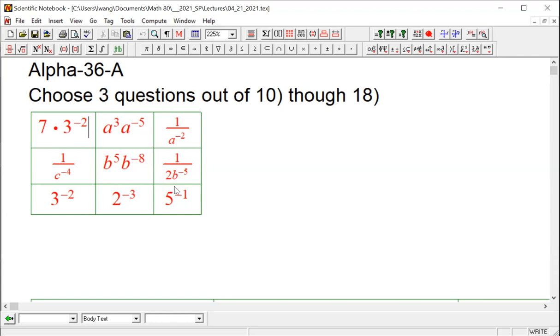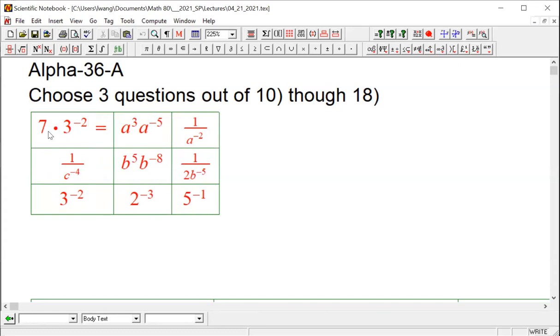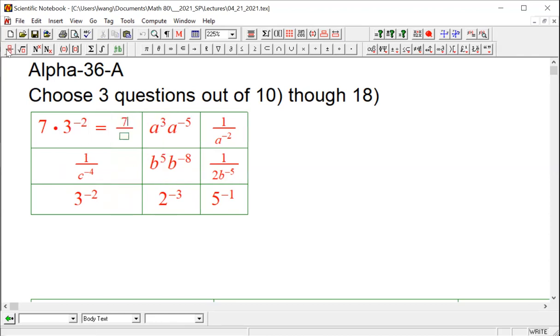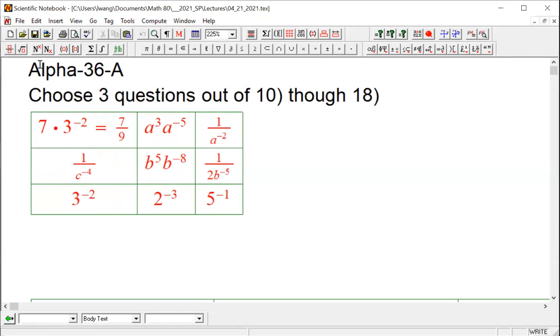How's it going? Okay, the first one, don't combine 7 times 3. We should do exponents first. Remember, order of operation. So this one should be equal to 7/9.